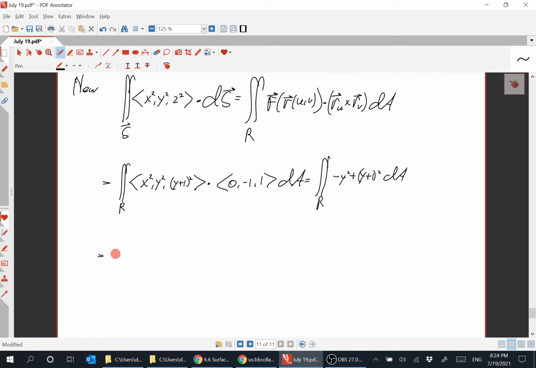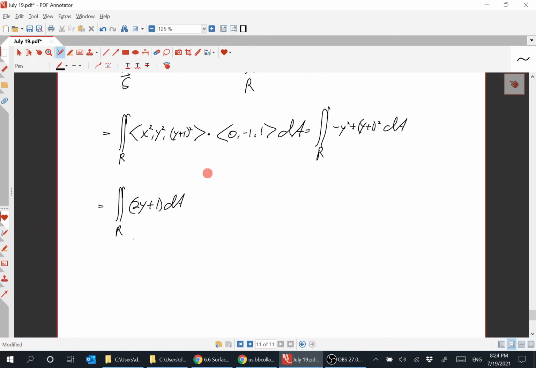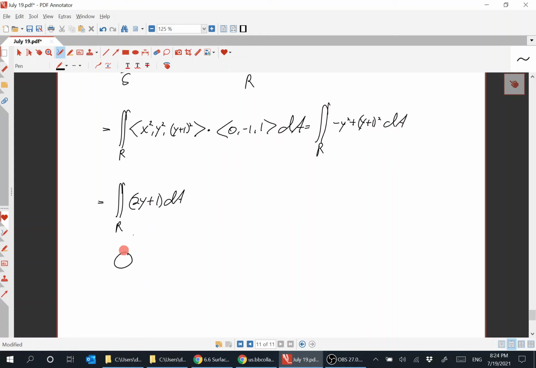So that's the double integral over R. So this is y squared plus 2y plus 1 minus y squared. So that's 2y plus 1 dA, where R is the circle of radius 1.